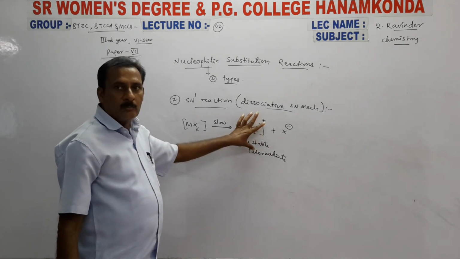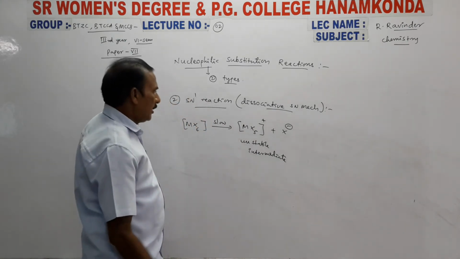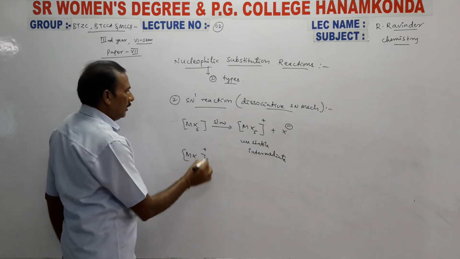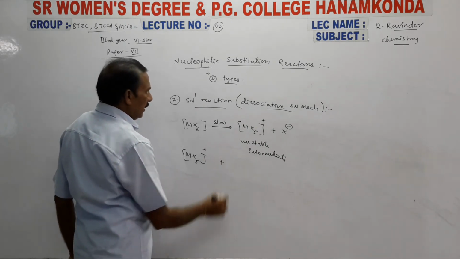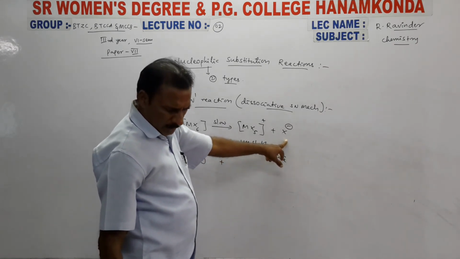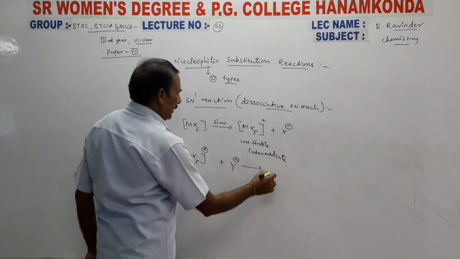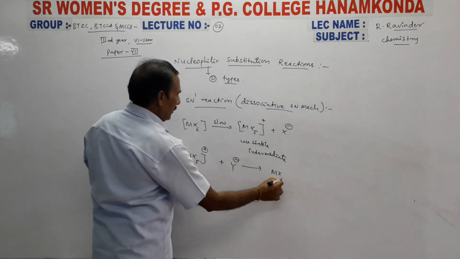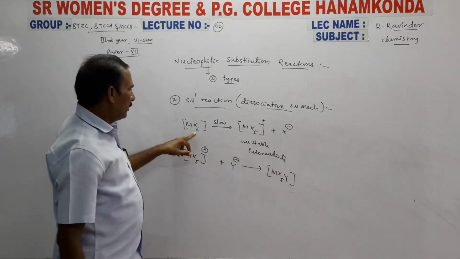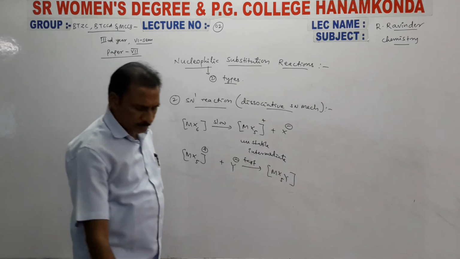This is the slow step. Then in a fast step, for example MX5 plus, instead of X minus, another compound, for example Y minus, is added to form MX5Y. Firstly there is the slow step, then the fast step.